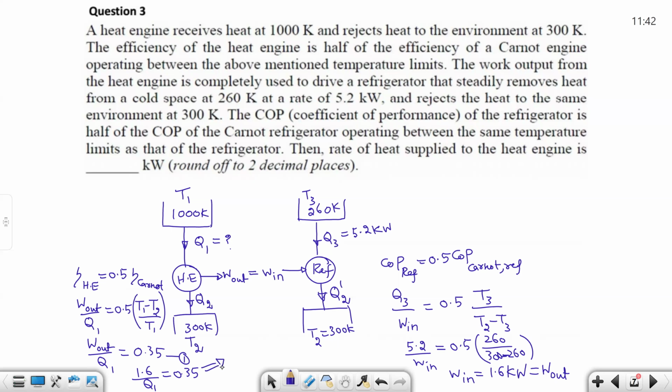So this will give you Q1 is equal to 4.56 kilowatt. So this is the answer, 4.56 kilowatt. Heat supplied to the heat engine is 4.56 kilowatt.